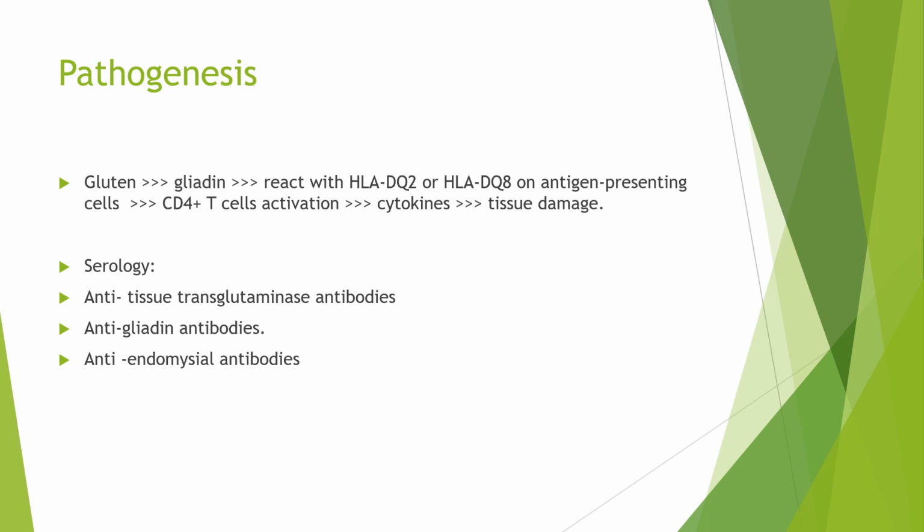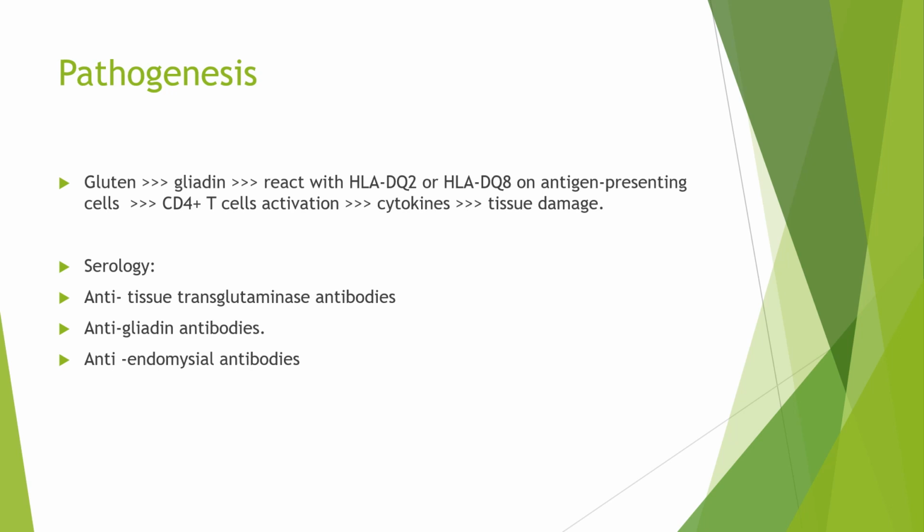an immune-mediated reaction toward the gluten that is in the diet. Now normally the gluten is digested in the bowel into gliadin. Now, this gliadin is a short peptide which is resistant to the digestion by the pancreatic enzymes, gastric, and intestinal enzymes.